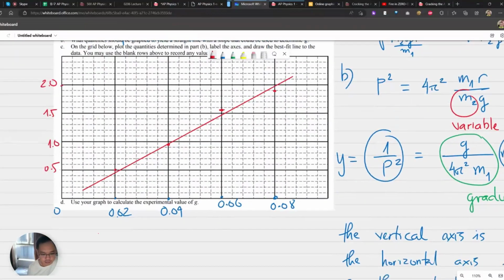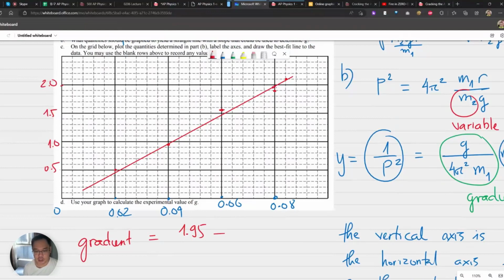The gradient is calculated by rise over run. I will take this value, no, take this instead, very close to 2. It could be 1.95 for this position.